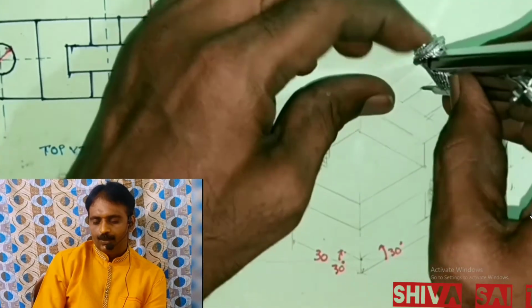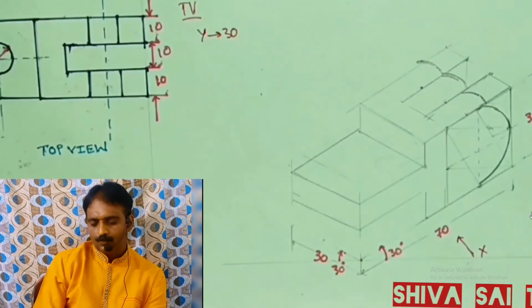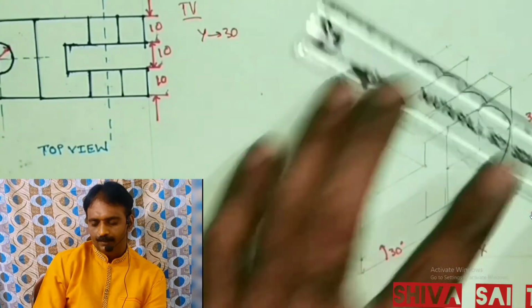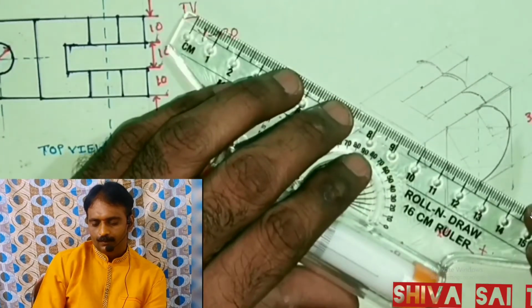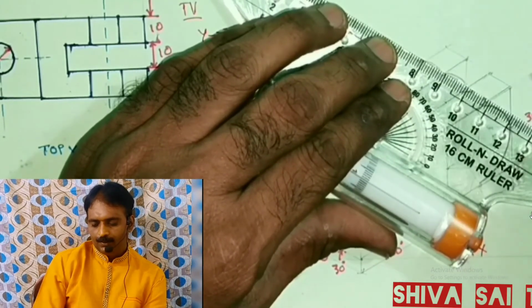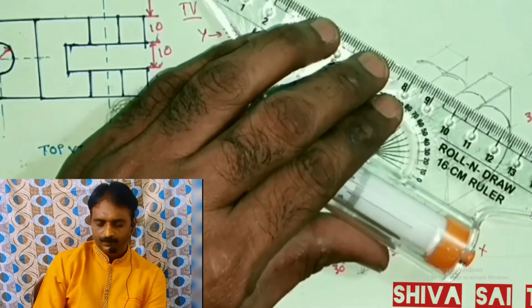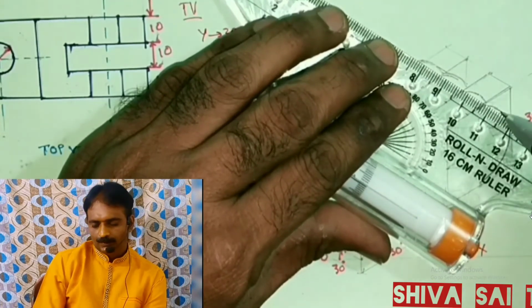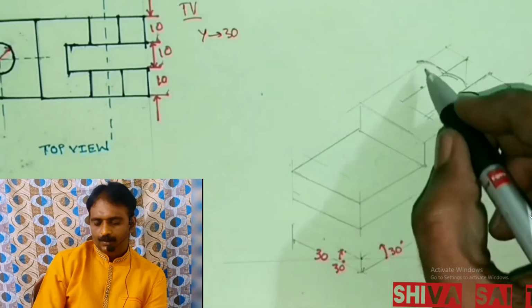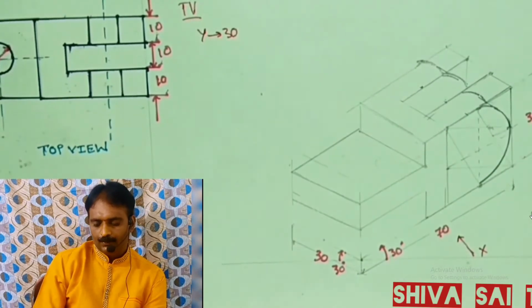And with the same radius, we have to construct the arcs. Very simple it is. After that, we have to draw the tangential lines for each portion. And once we feel that the things are right, we can make it dark.